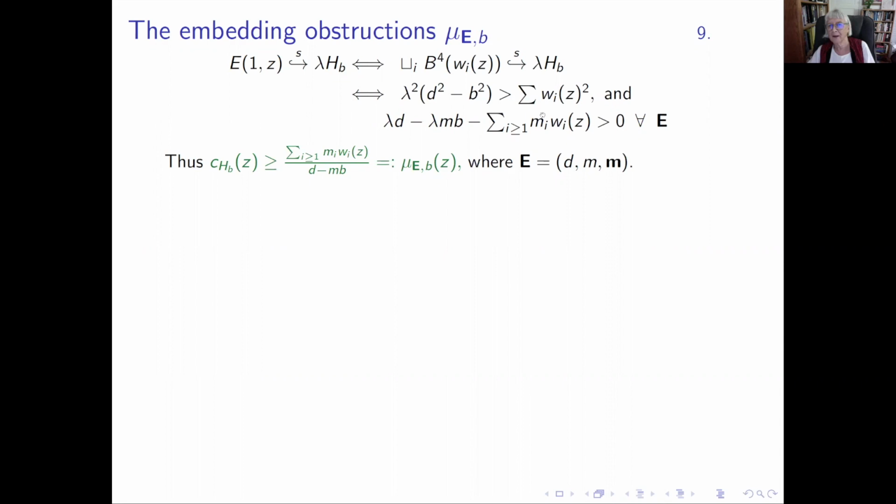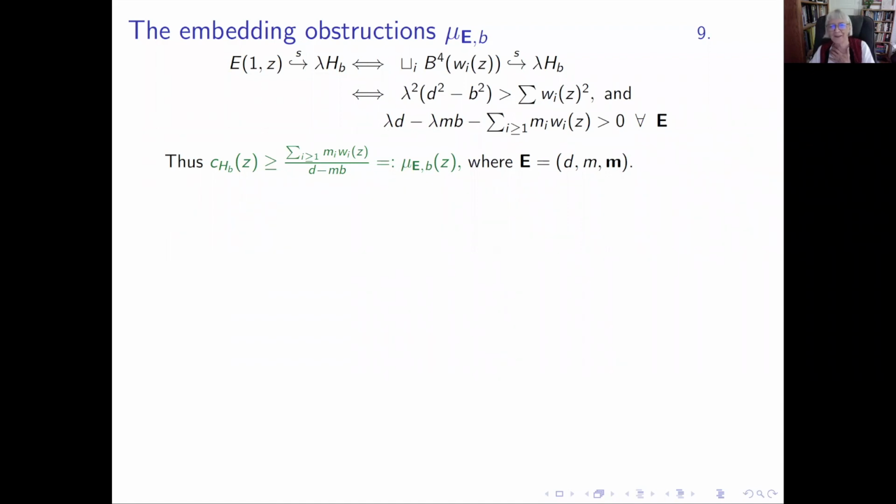This thing is meant to be positive, and therefore this sum here has got to be less than λd − λmb, and therefore λ is bigger than or equal to this inequality. And this number is a contribution, an obstruction coming from the class E, but you notice here that it depends on b.